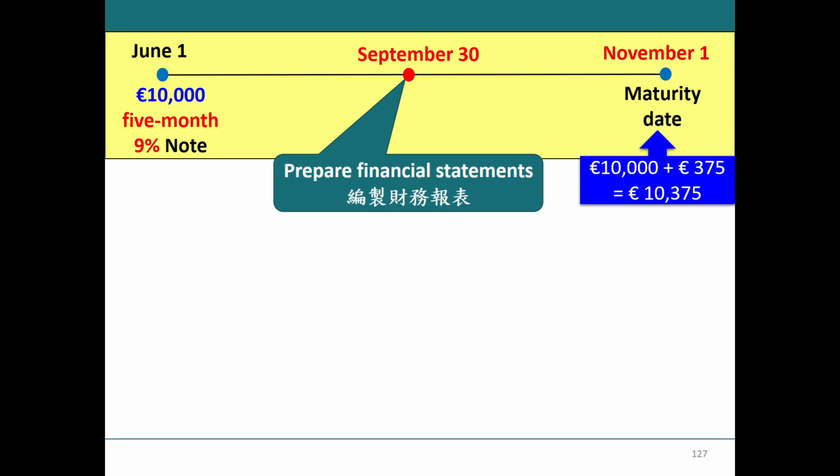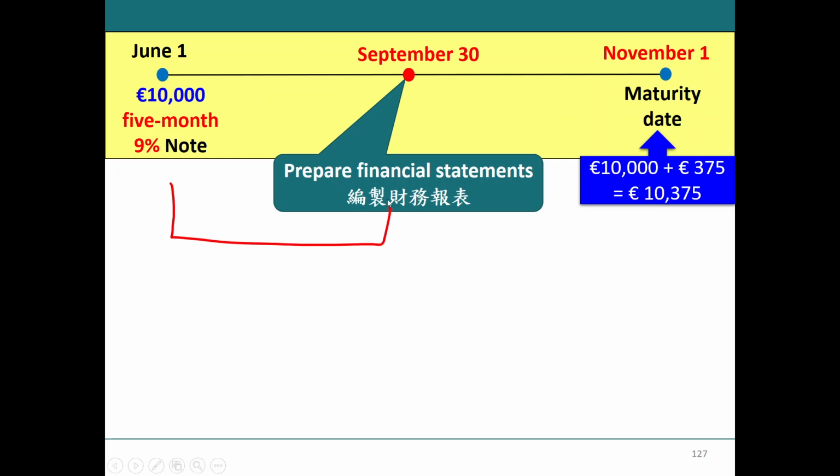What happened? Go back to your chapter 3 or chapter 4, when we talked about adjusting entry, 调整分录. So in between, we had to prepare financial statements. Then what should we do? We had to report everything, right? So before the financial statement, what happened?